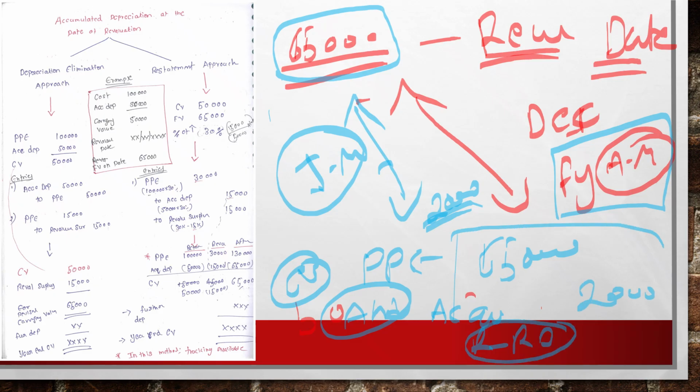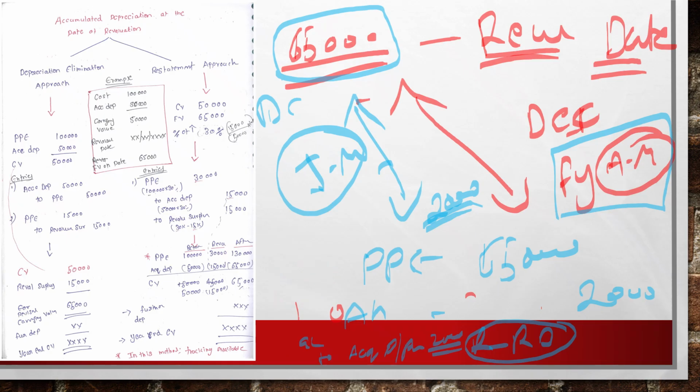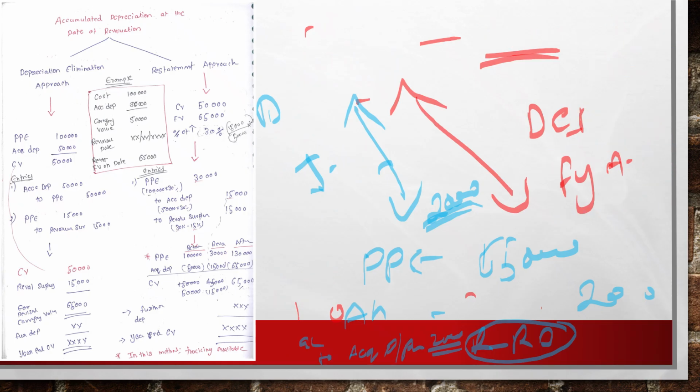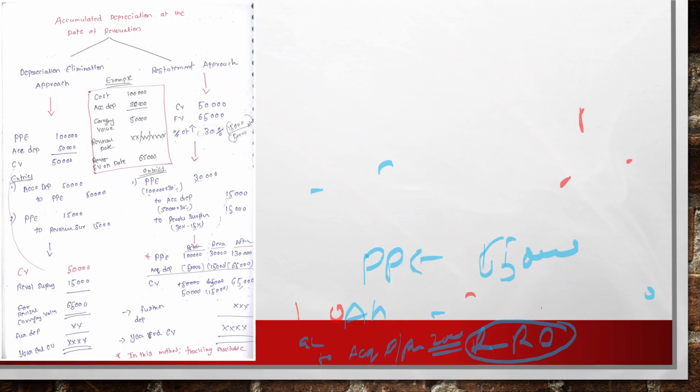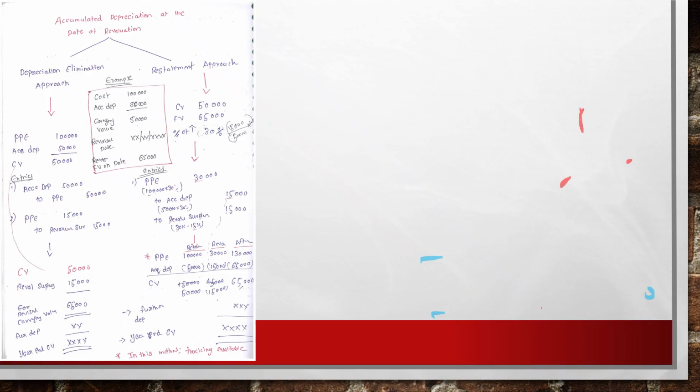Again, depreciation account debit 2000 to accumulated depreciation or provision for depreciation 2000. Okay, I hope you understand this. With this you might have understood what is the depreciation method for the depreciation elimination approach if you have a revaluation.